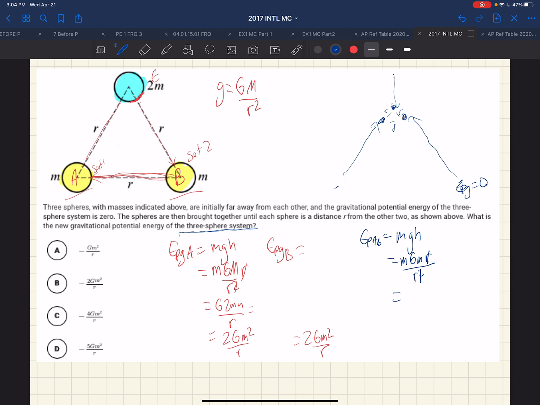So that gives us Gm squared over r. Well, 2Gm squared over r and 2Gm squared over r plus 1Gm squared over r is 5Gm squared over r.